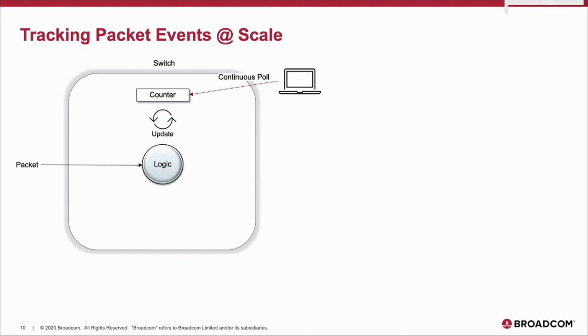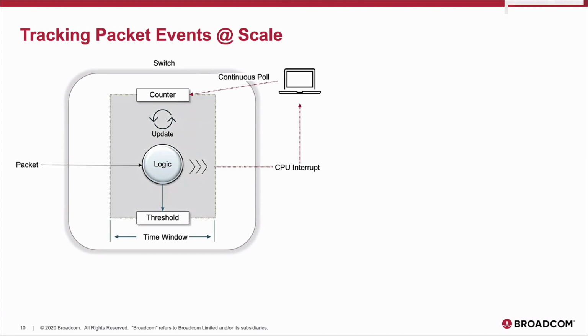What you would do with the inline method is that the logic also implements a threshold check. And it automatically generates a CPU interrupt when that threshold is crossed. And you can do this with the notion of a time window. So you can have thresholds be reset at the end of a time window.